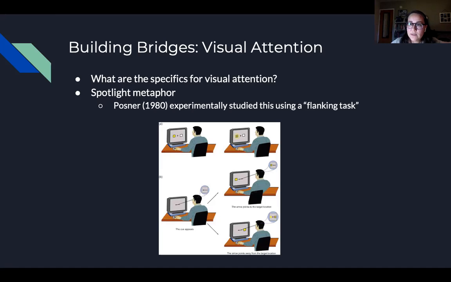And so in this experiment that Michael Posner conducted, he asked his research subjects to pay attention to a stimulus in a particular location on either side of this fixation point. Essentially, he told them, you're going to focus your eyes here. It's typically a cross or an X, but it can be a dot as well.